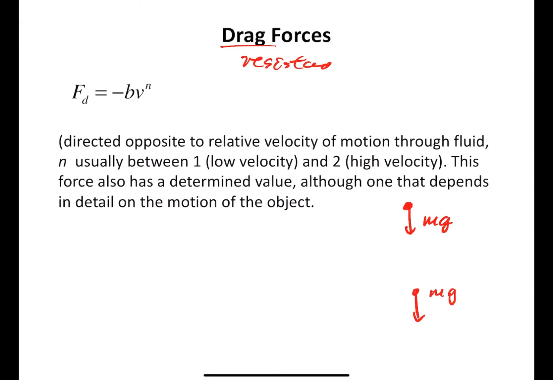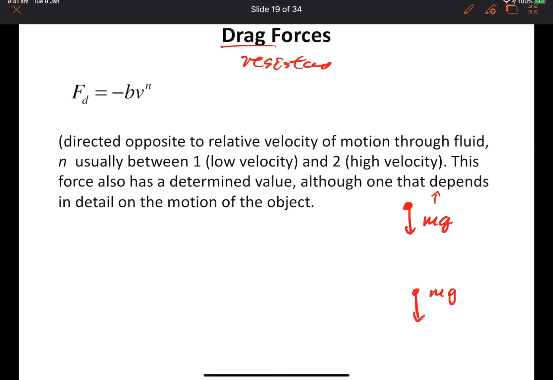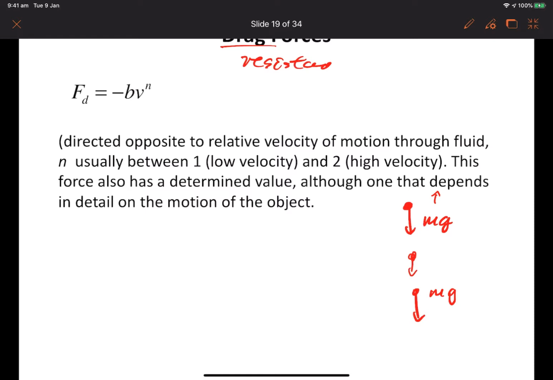But because the velocity keeps increasing, the air resistance also increases. At this point, the air resistance gets bigger, and at this point, the air resistance actually balances. So once you reach this point, the drag force balances the mg.